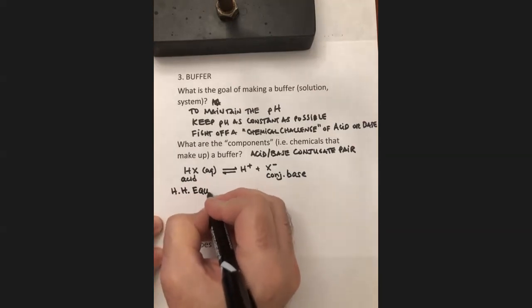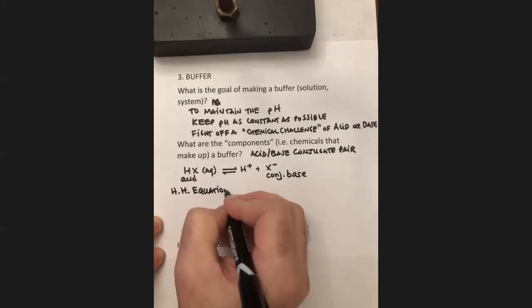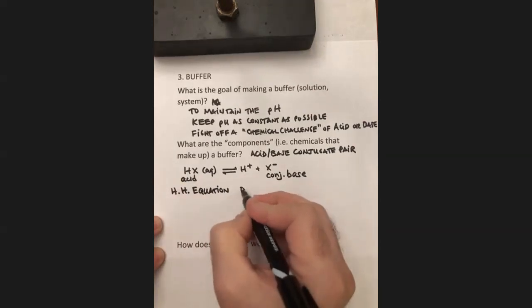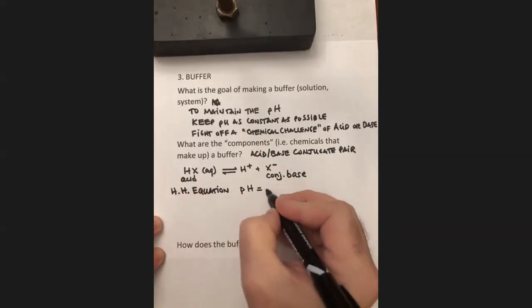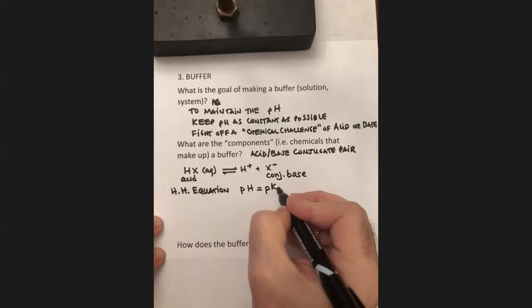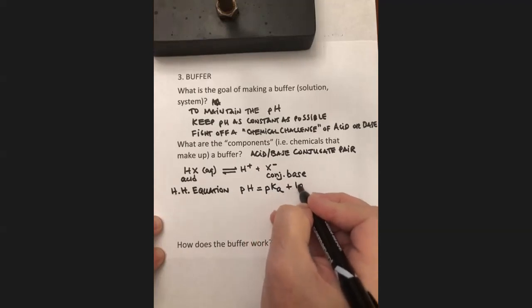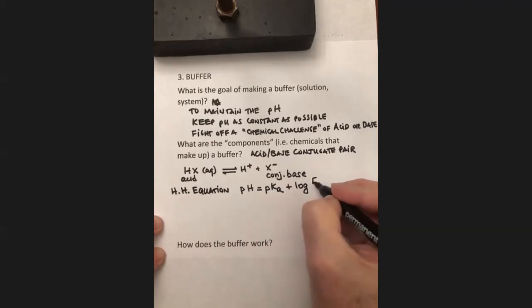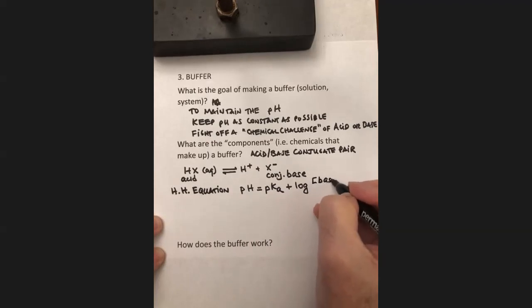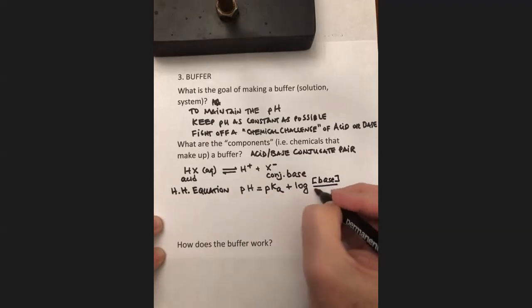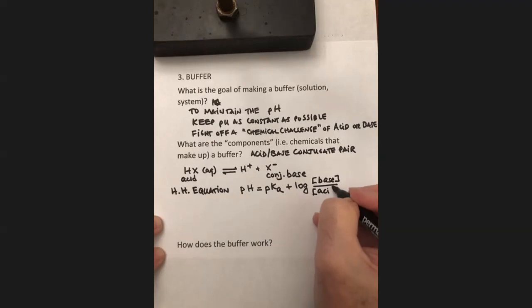That's too long, so I'm not going to write the whole thing here. Sorry about that. That says that the pH of this solution is going to be the pKa plus the log of the concentration of base over the concentration of acid.